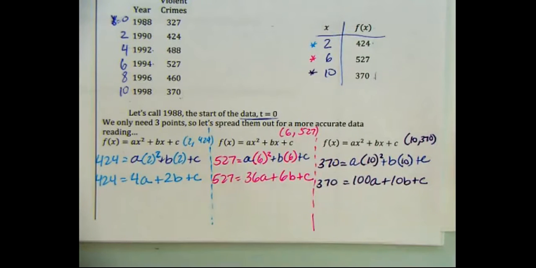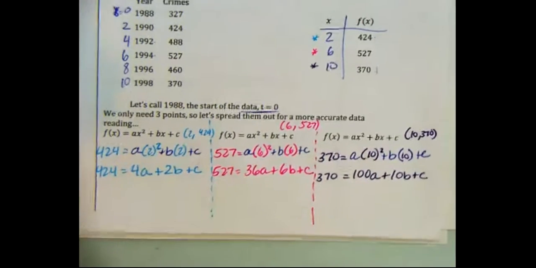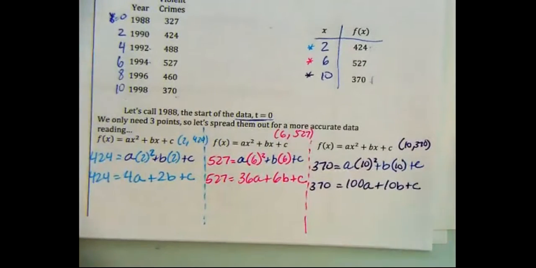Okay, so now we're gonna do elimination. You guys remember we had 3 variable linear systems of equations, and we did this at the beginning of algebra 2. So we're gonna do that now to figure out our a, our b, and our c.